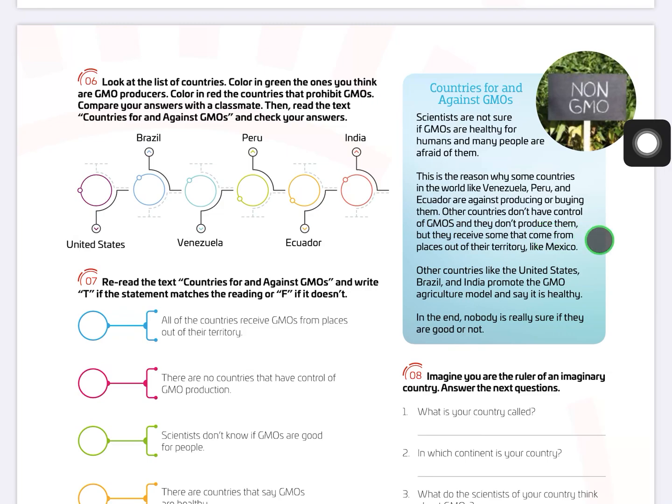Other countries don't have control of GMOs and they don't produce them, but they receive some that come from places out of their territory, like Mexico. Other countries like United States, Brazil, and India promote the GMO agriculture model and say it is healthy. In the end, nobody is really sure if they are good or not. So, with that information, you can connect with this.